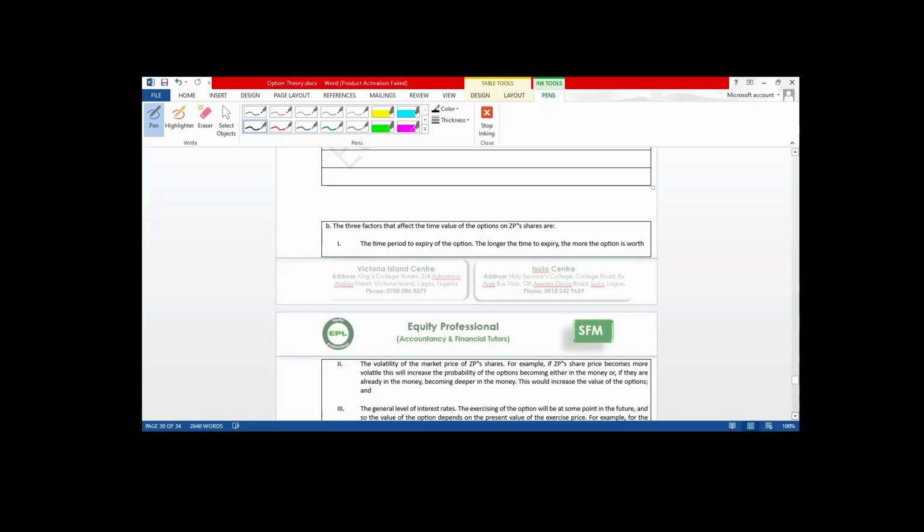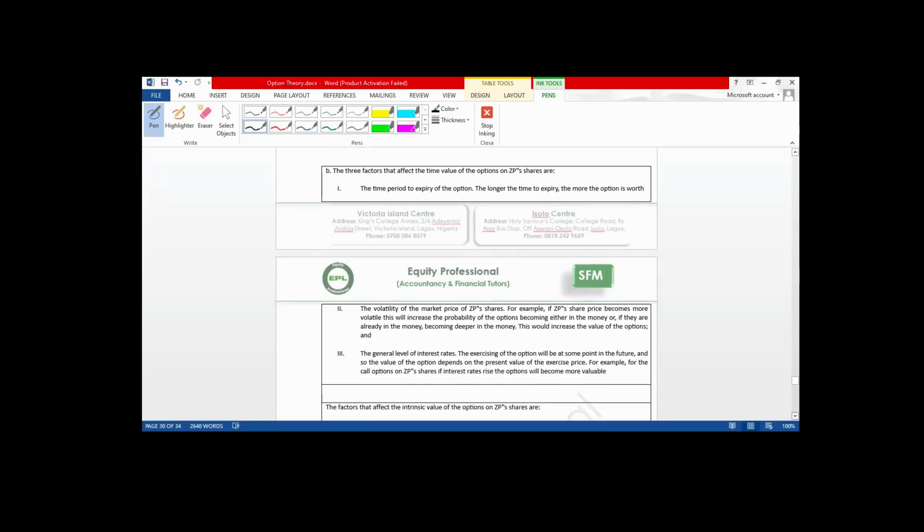Number 2, the volatility of the market price of the share. The extent to which the market price fluctuates.